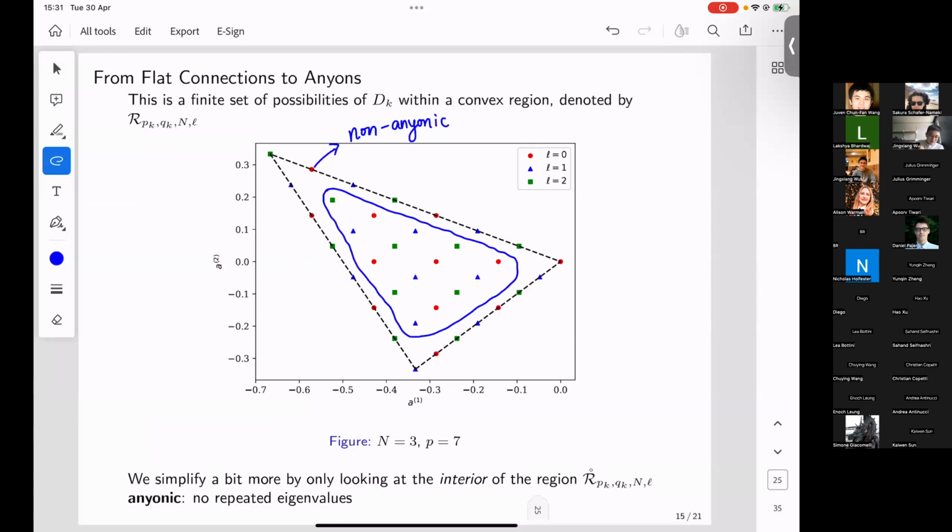So here I'm doing analysis for a single fiber. I'm solving the equation x to the power of p, h to the power of q is 1. Now I use this notation, the ring at the top, to denote the interior of this region. In the same way, this says I don't want the eigenvalues to be the same. If any two eigenvalues are the same, then you go to the boundary of this region.